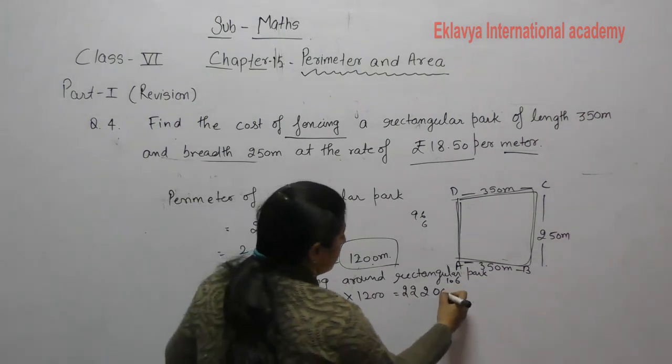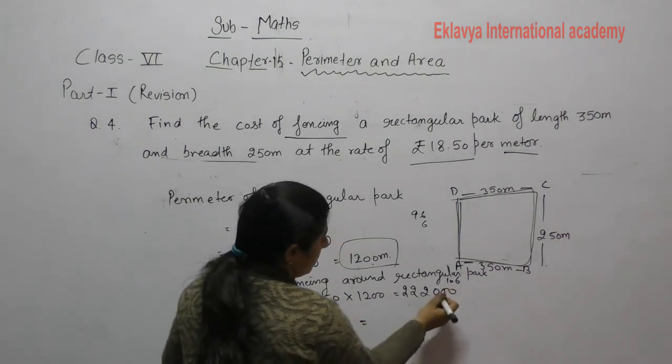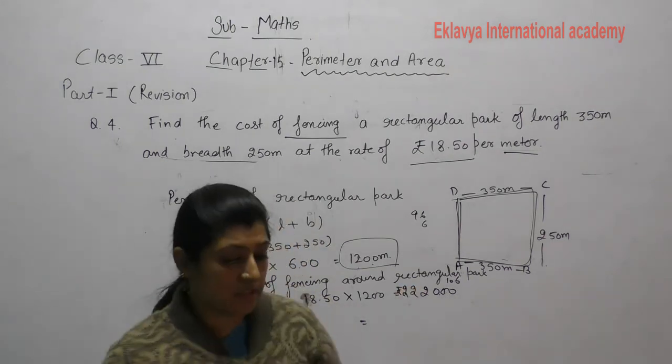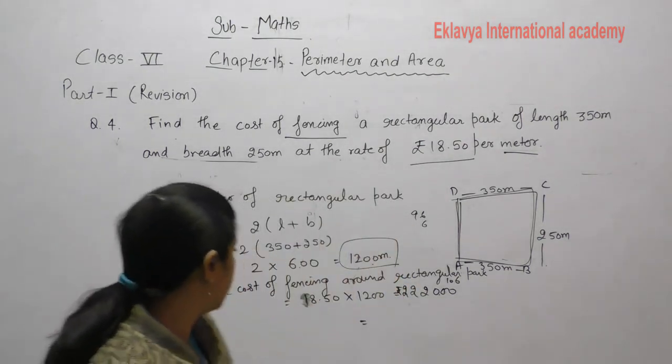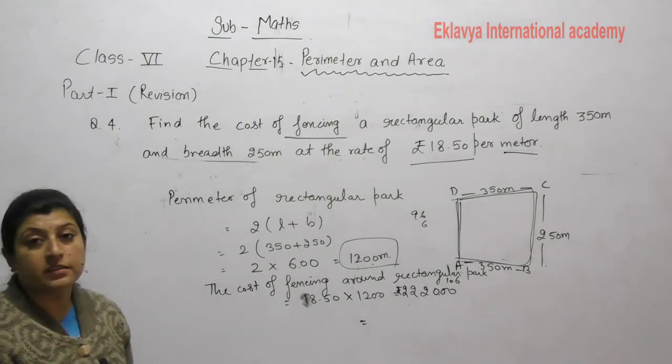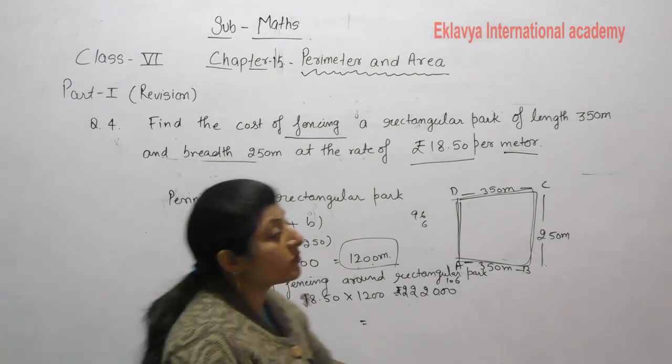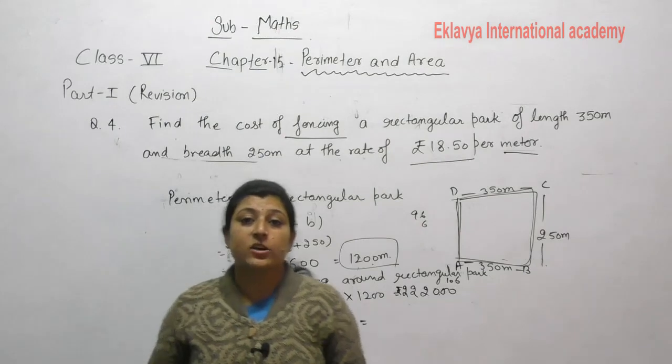Now 1 2, it means rupees 22200. So this is how we find out the cost of fencing the rectangular park.